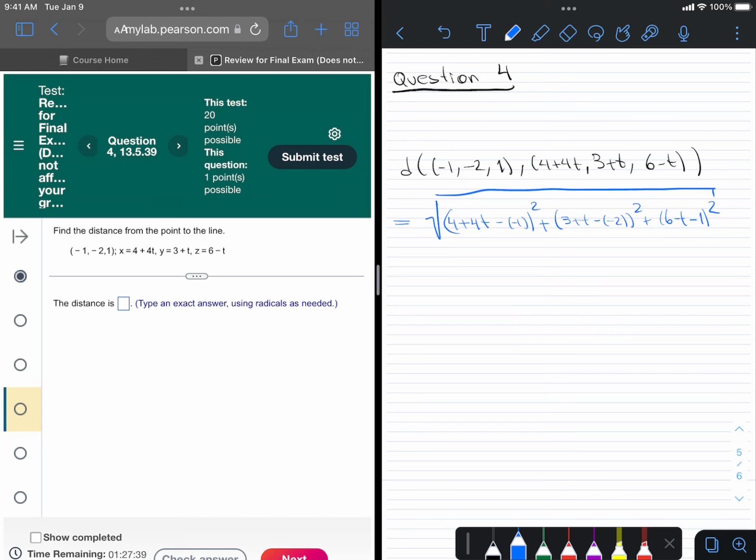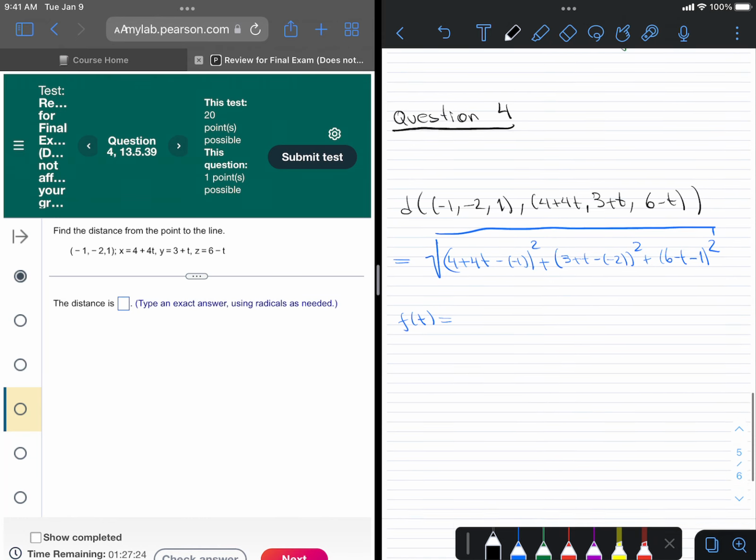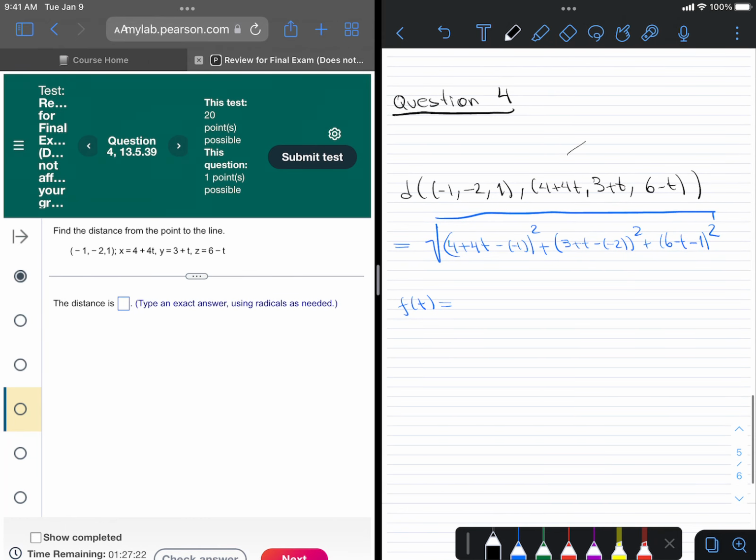So if I say f of t is the distance squared, just so I get rid of the square root, the minimum distance is going to be the distance between the point and the line. That's because when I'm measuring the distance between a point and a line, I'm looking to measure that distance to the closest point on the line to the given green point, and not to a point that's far away.